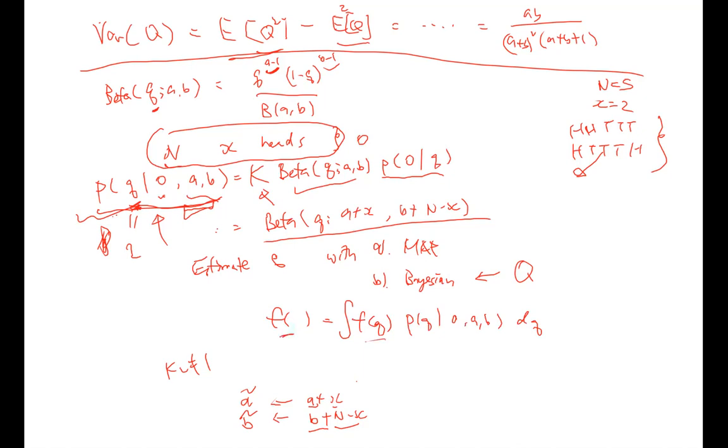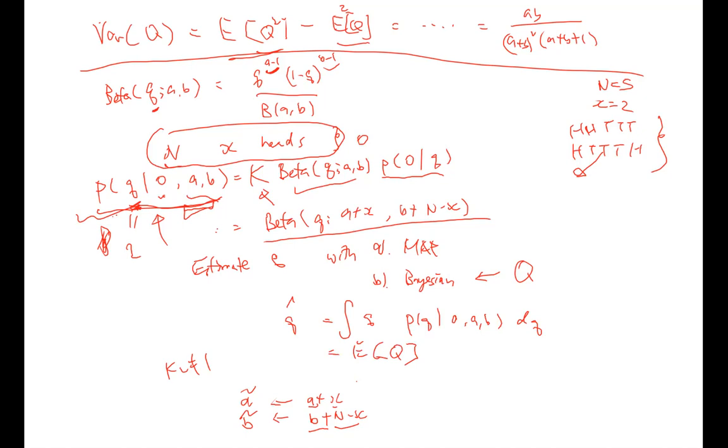So my q estimate, which I write as q hat, will be the integral of q times p(q given the observations and a, b) from 0 to 1, or simply the expectation of q.